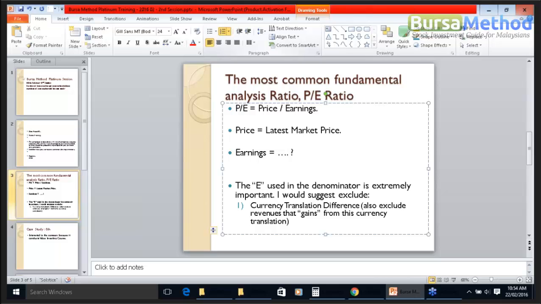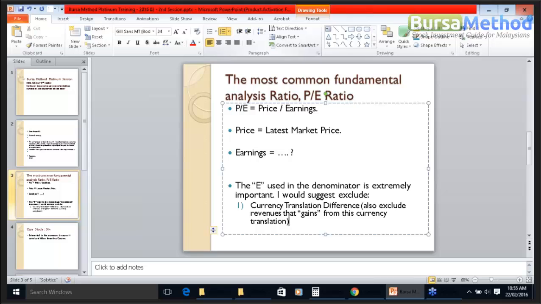So you have to count in such a way that you assume the ringgit and US dollar remain the same. If there's a huge change, then you should look at years where the change is not so much, and use those earnings. Am I making myself clear? Yeah. So for example, if you find a company that exports a lot, especially to the US, and they recorded a huge gain in profit, then the earnings will suddenly shoot up and the PE ratio suddenly becomes very cheap.